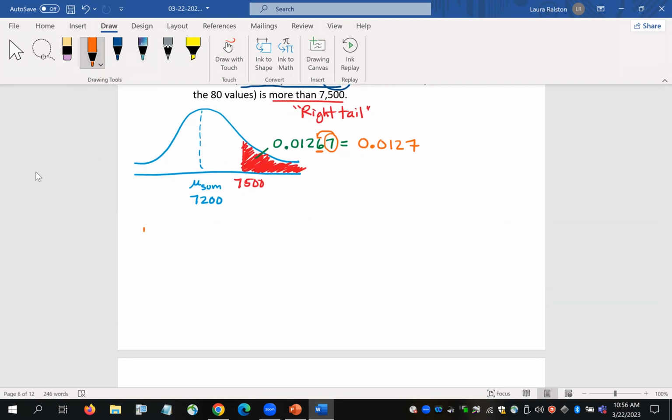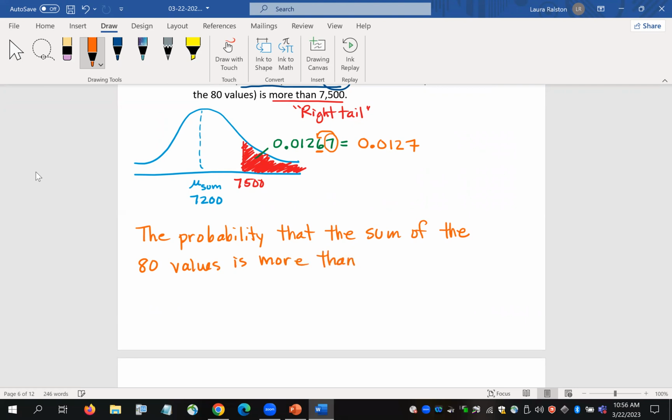So we would say the probability that the sum of the 80 values is more than 7,500 is 0.0127 or 1.27%.